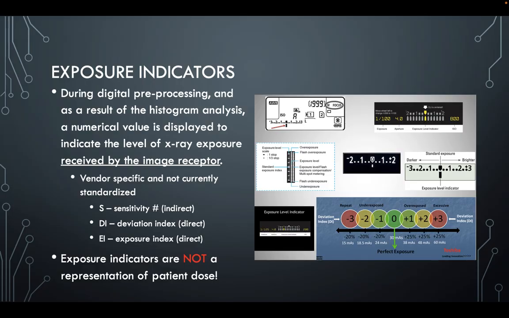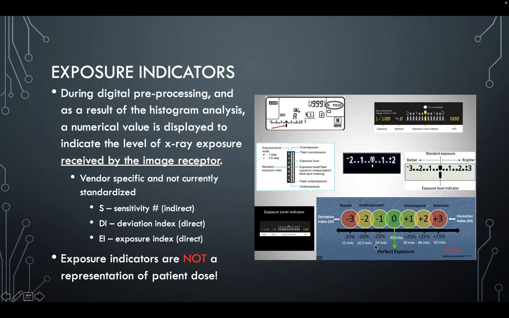Well, let's say as I was talking to the patient, I was paying attention to their anatomy. The patient looked a little smaller, so I decreased my technique. My detector was still expecting 30 mAs, but I only sent through 24.